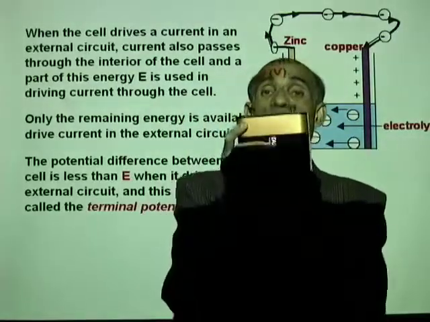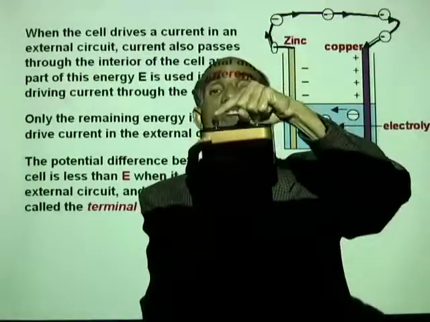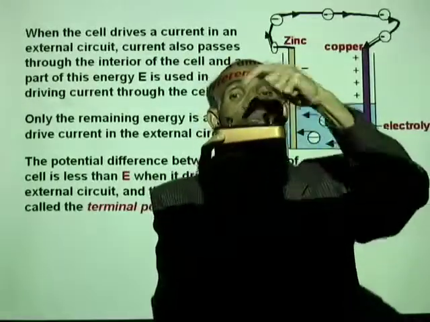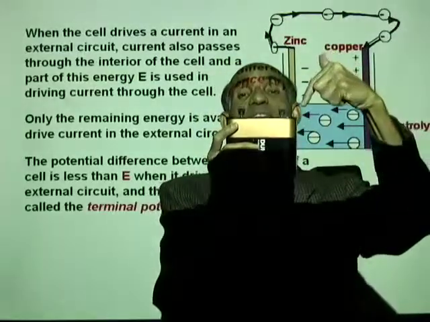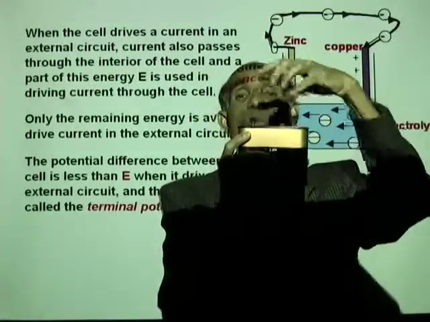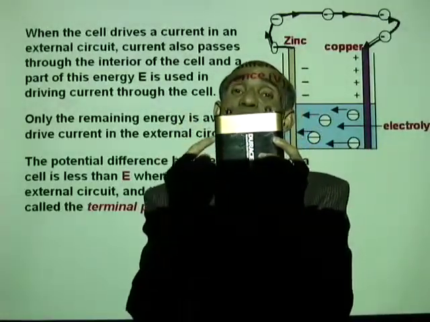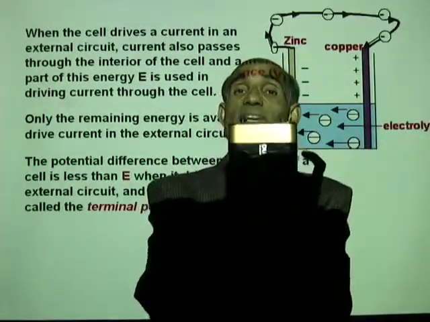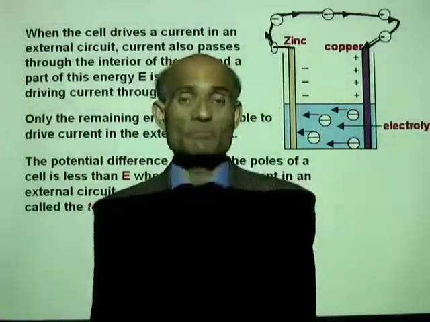Why? Because the voltmeter then will read the potential difference across the conductor, which is a measure of the energy used in driving current in that external conductor. Why is it less? Because part of the EMF is used in driving current internally through the cell.